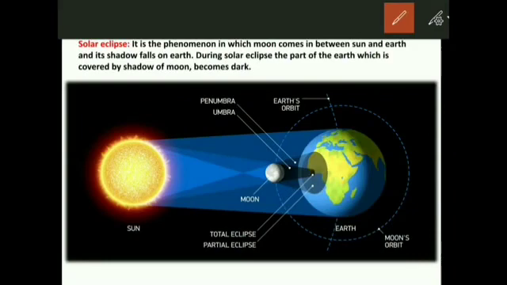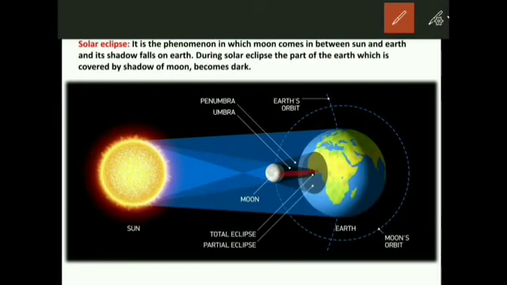Now what is the significance of this umbra and penumbra? The region where there is umbra, there is total darkness. Even in daytime when there is a solar eclipse, the earth will be in total darkness. In what place will there be total darkness? In the umbra region.